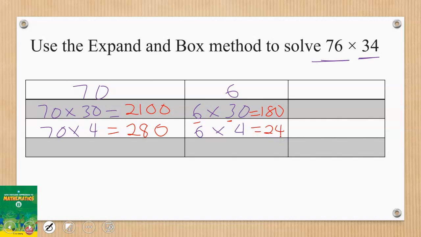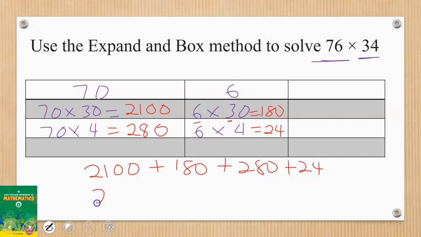When we bring all the sum together, we have 2100 plus 180 plus 280 plus 24. So 2100 plus 180 will give us 2280, and then 280 plus 24 will give us 304.